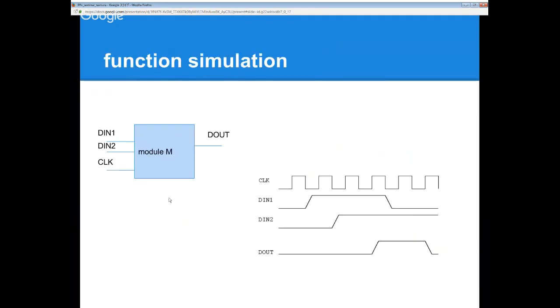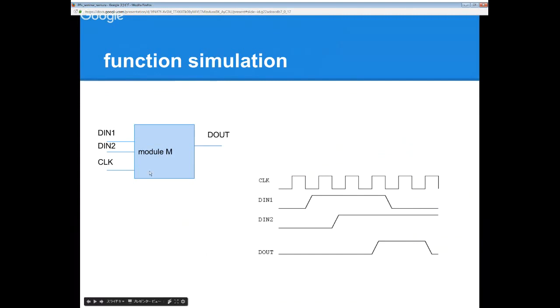Then function verification is to verify the function. We have some module, and we give some stimulus to this module. Then we get some result from the module, and we check whether it is the expected value or not. That is function simulation.